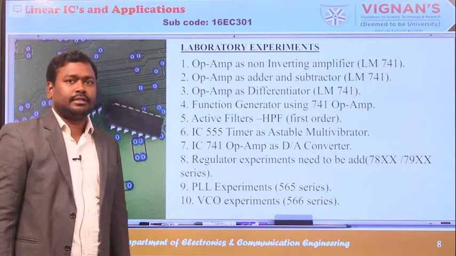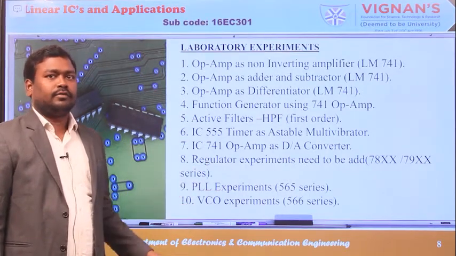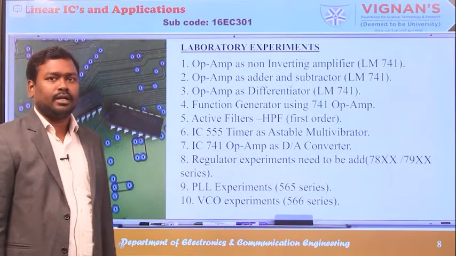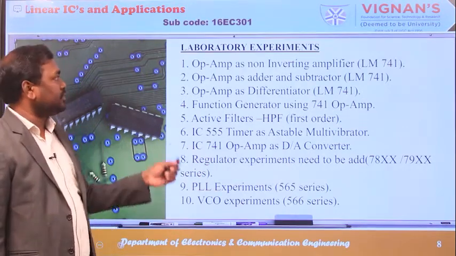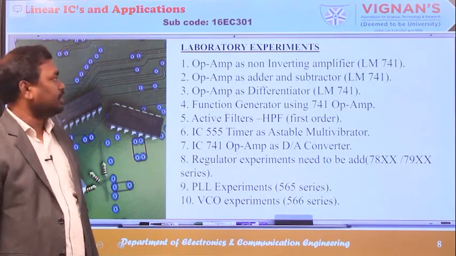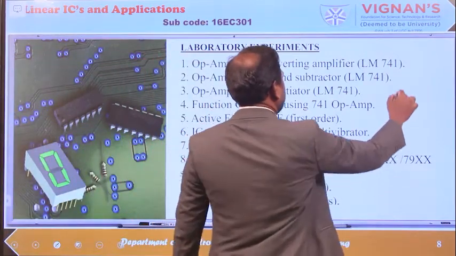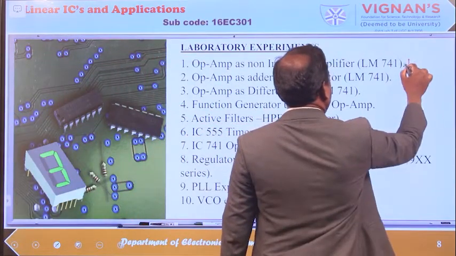See, this subject is theory cum lab, which means for this subject you will perform the lab also. If you see the lab experiments, mainly there are 10 experiments. The first few experiments are on 741 op amp.